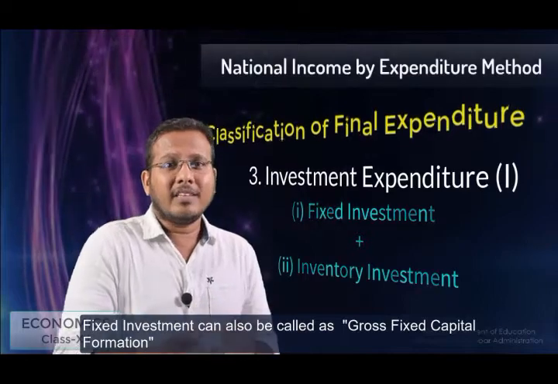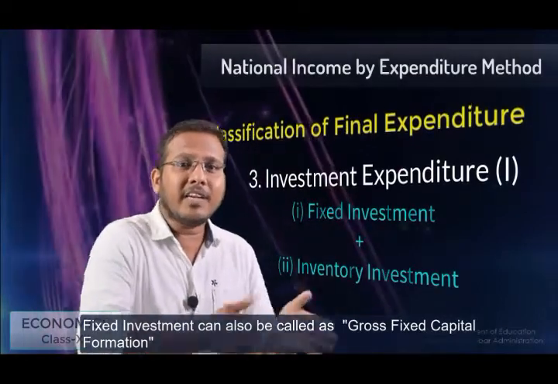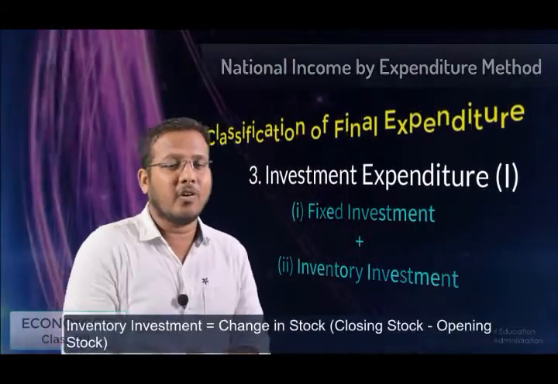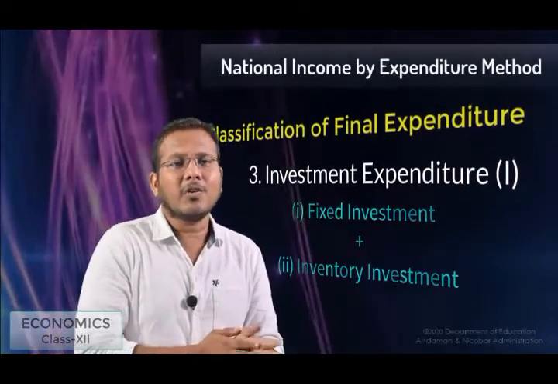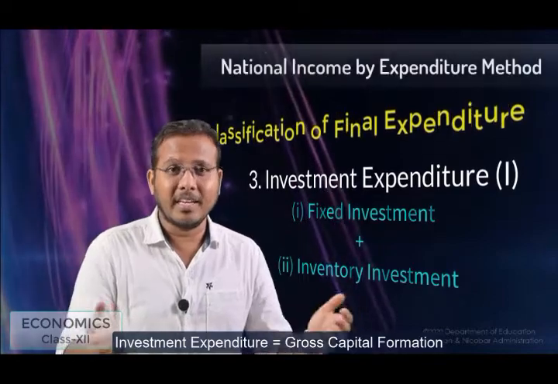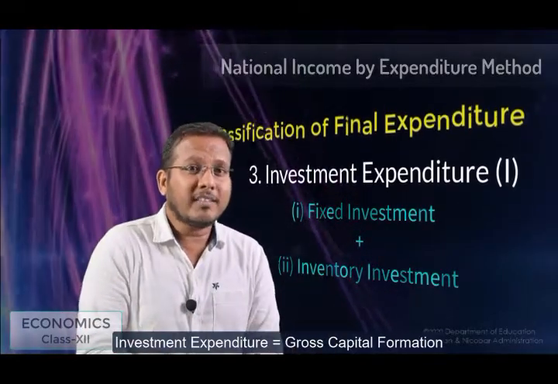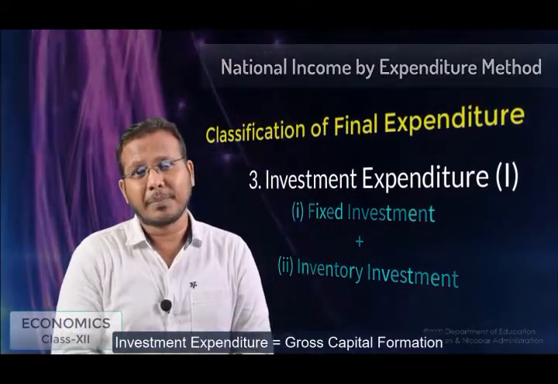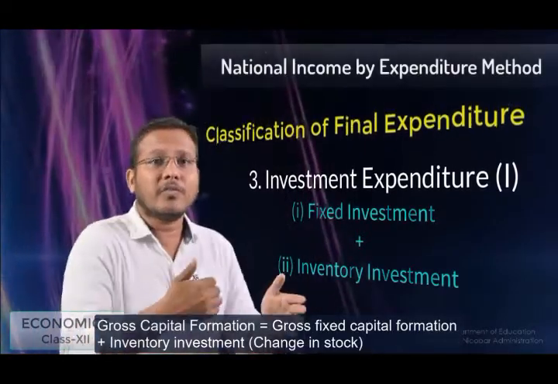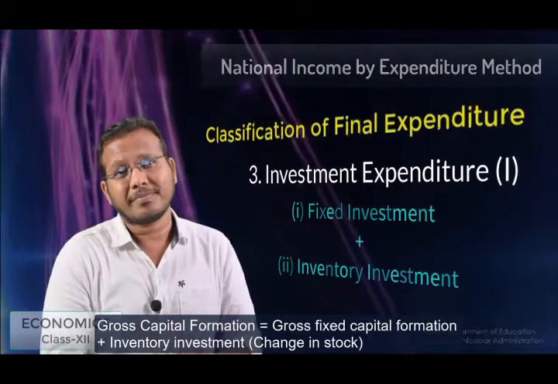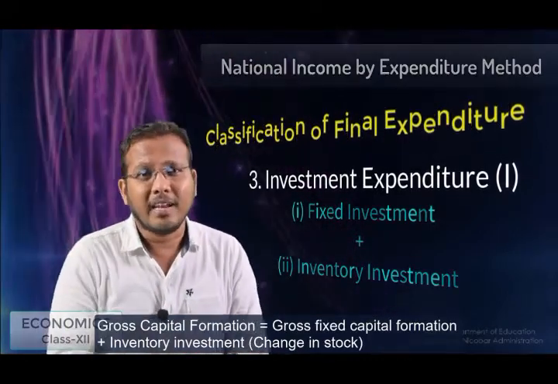And along with this, when we add the inventory investment or the change in stock, we get the value of investment expenditure or the gross capital formation. The investment expenditure can also be called as the gross capital formation. So the gross capital formation can be further classified into gross fixed capital formation plus change in stock or inventory investment.